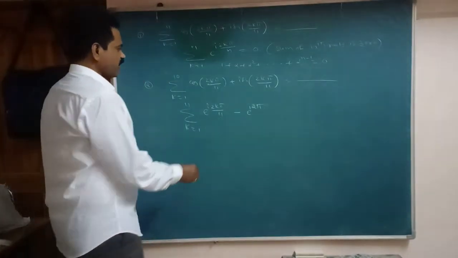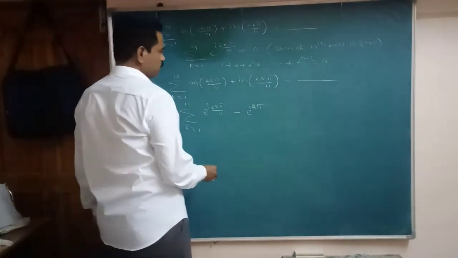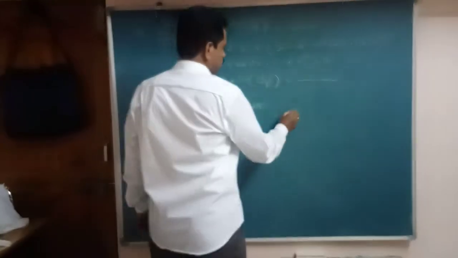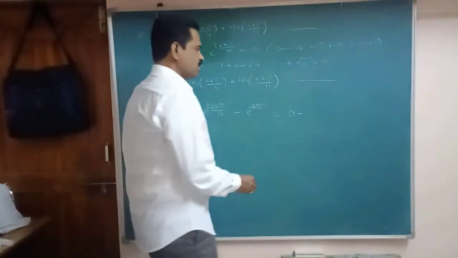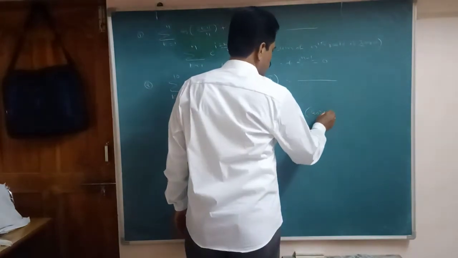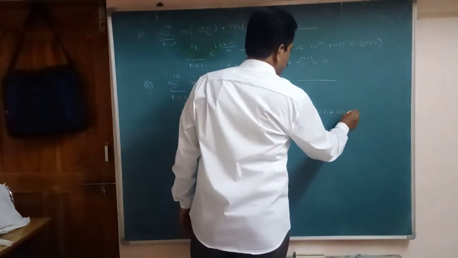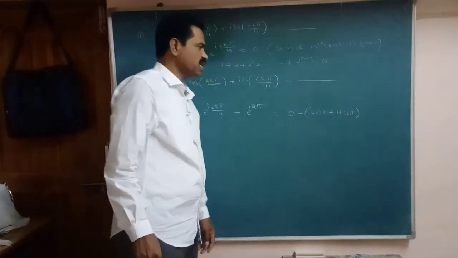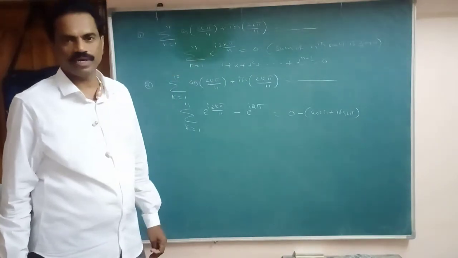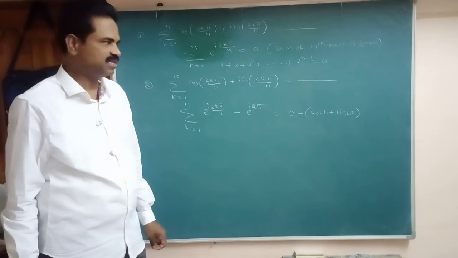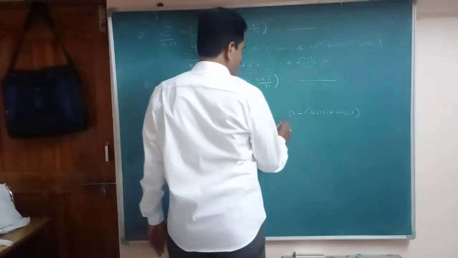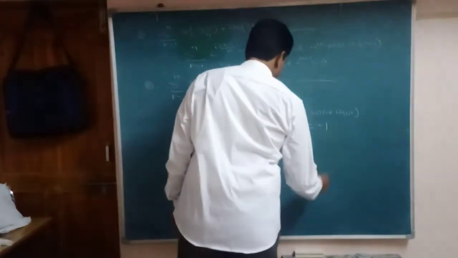Its value is 0. So remaining 0 minus cos 2 pi plus I sin 2 pi. Sin 2 pi is 0. Cos 2 pi is 270 plus 90, that is 1. So 0 minus 1 is minus 1.